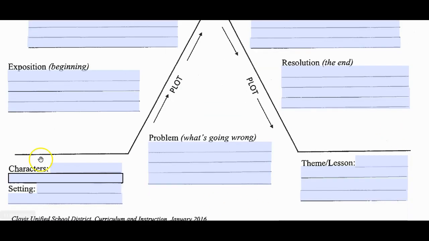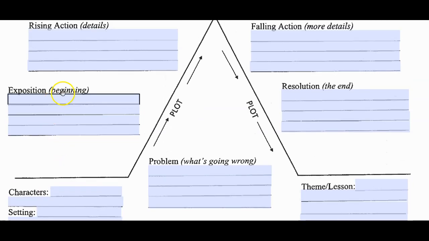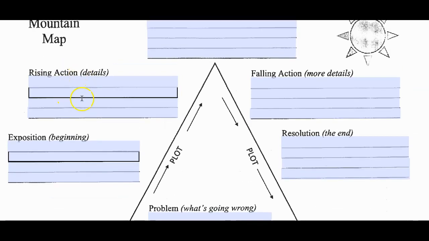You're going to put the characters and the setting here. Exposition, meaning what happened at the beginning of your story. Maybe some details. It doesn't have to be a full paragraph or anything. What are some details or things that happened as it got closer to the climax?